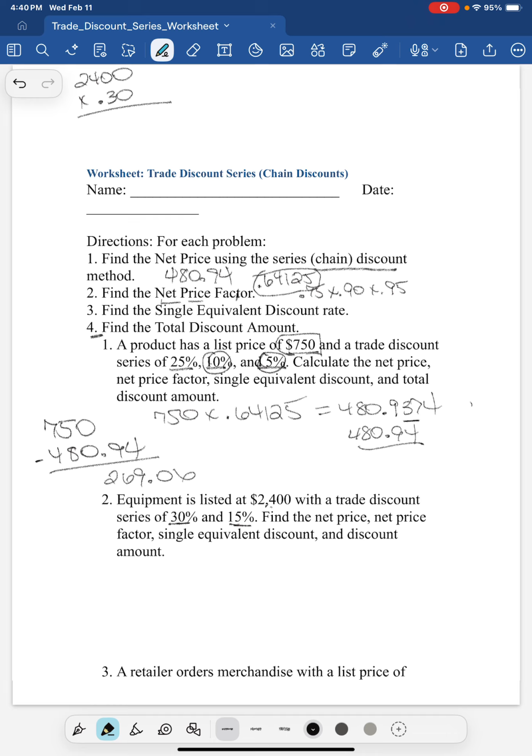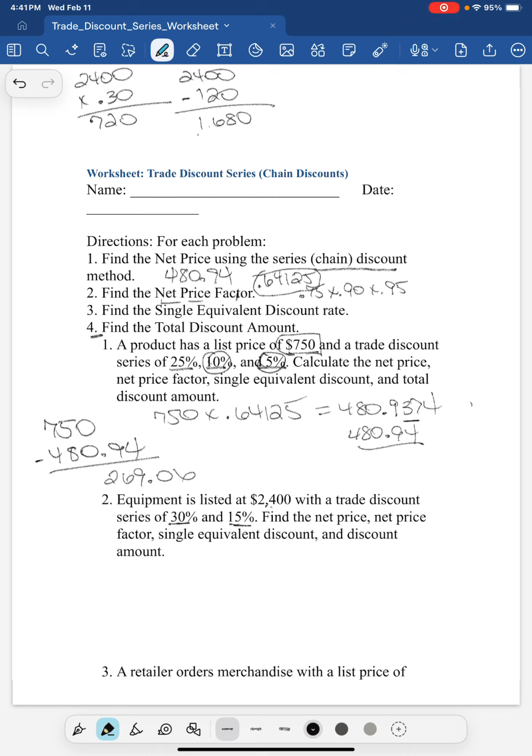So if you do that, you get a discount of $720. So you subtract that out, and you get 1,680.